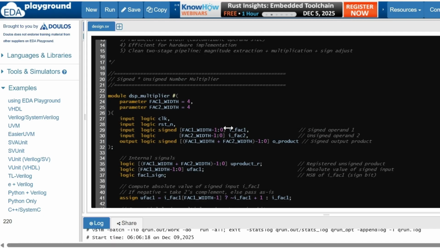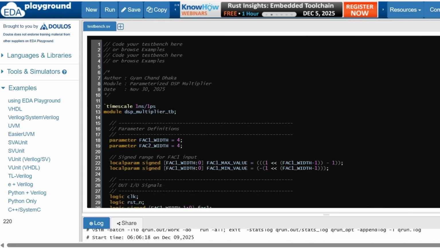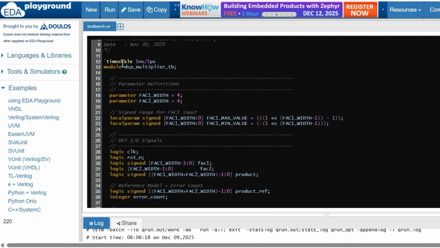Now let's go through the test based development of this module, and we will see how we can verify these kinds of designs. So the DSP multiplier TB is the top level module name for the test bench of this module.